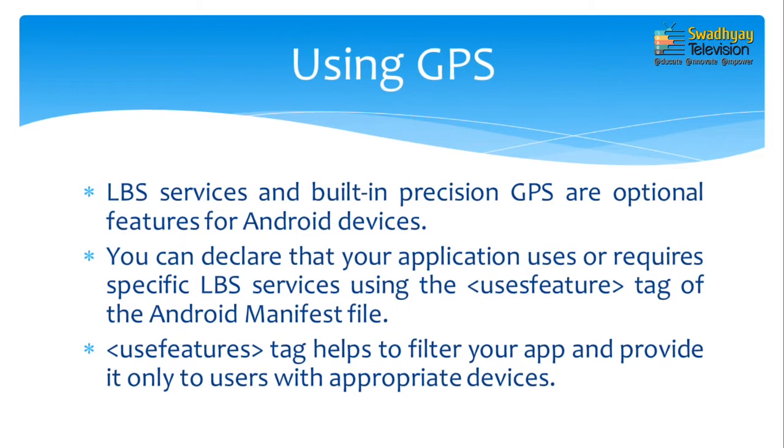But you can declare that your application uses or requires specific location based services using the uses-feature tag, and you have to declare this tag in the AndroidManifest.xml file, so that one can know this application requires use of LBS. This tag also helps to filter your application and provide it only to users with appropriate devices.